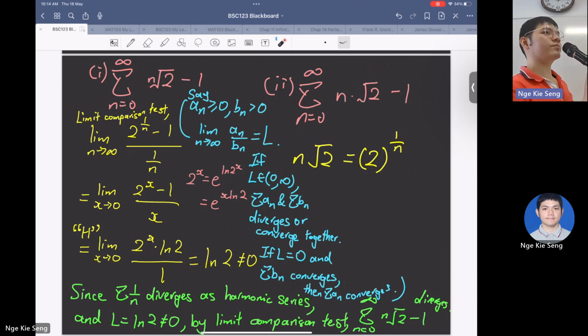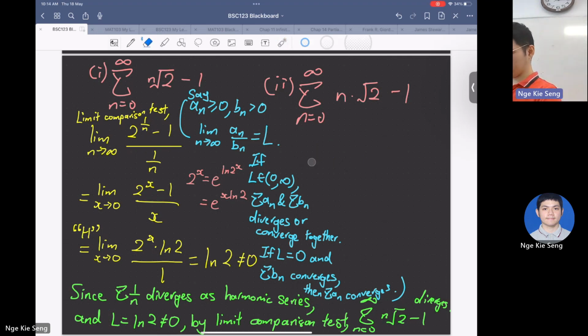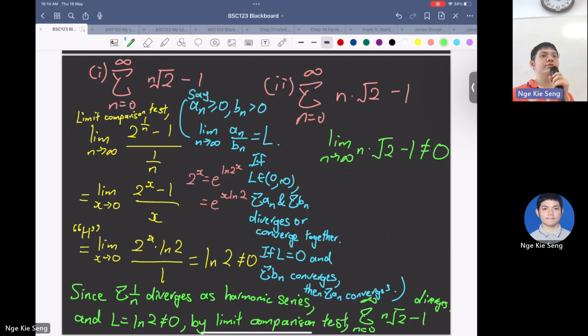Number 2. Divergence test. So how do you use the divergence test? You want to show that the limit of n times (square root of 2 minus 1) is non-zero, right? Is this true? True, because this term is infinity, and infinity minus 1 is infinity.